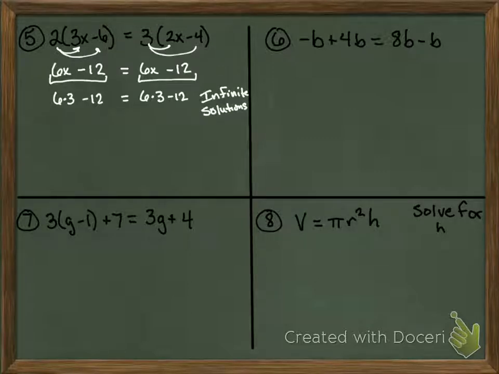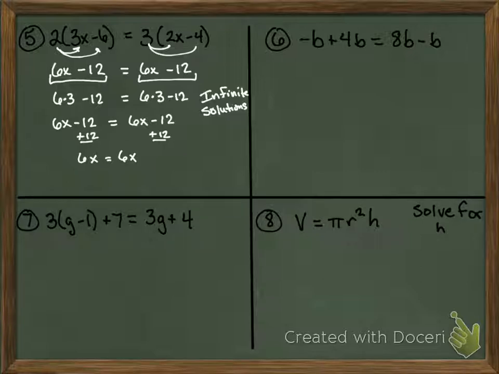But maybe you kept on going. Maybe you still had your 6x minus 12 equal to your 6x minus 12, and you tried to solve it like we always do. And so I add 12, so I get 6x equals 6x. Again, maybe I didn't stop there.